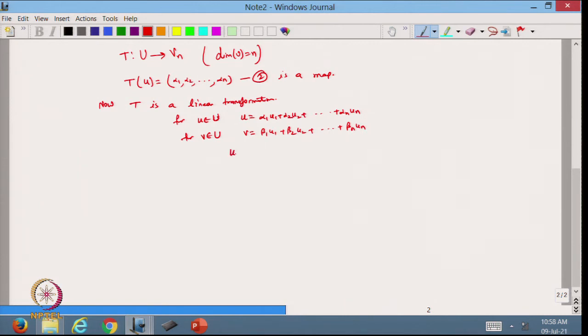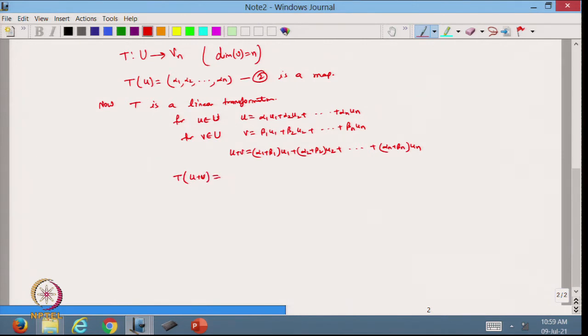Now from here I know that u plus v is (alpha 1 plus beta 1) u1 plus (alpha 2 plus beta 2) u2 plus ... plus (alpha n plus beta n) un. So this linear combination I can write, no problem. Now I want to find what happens to T of u plus v.